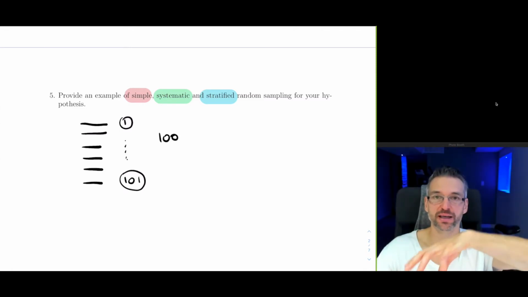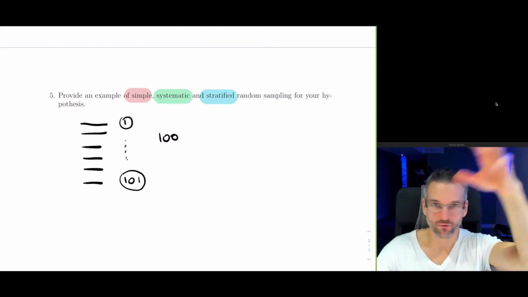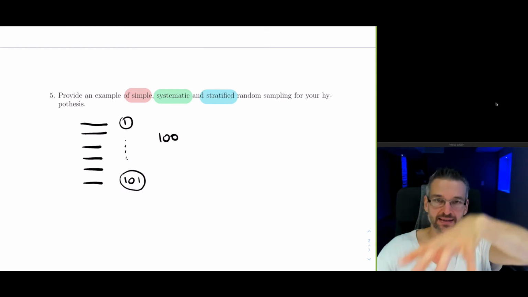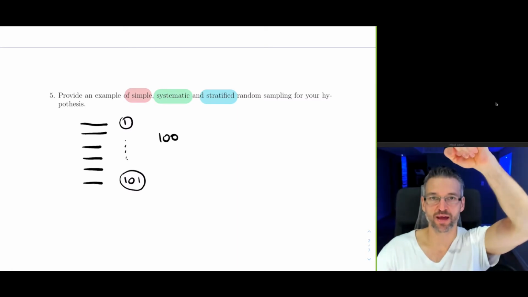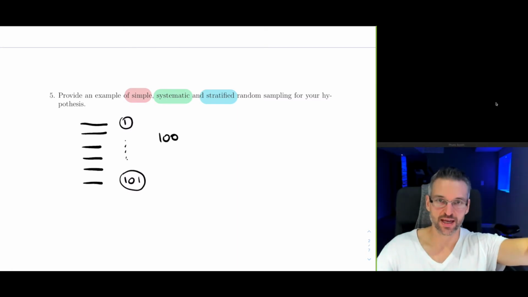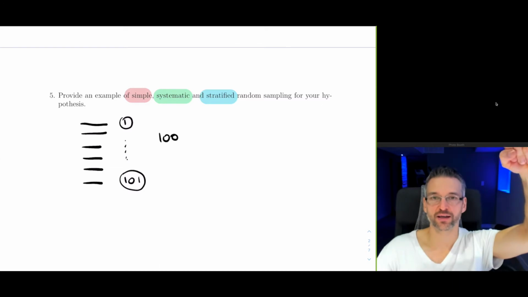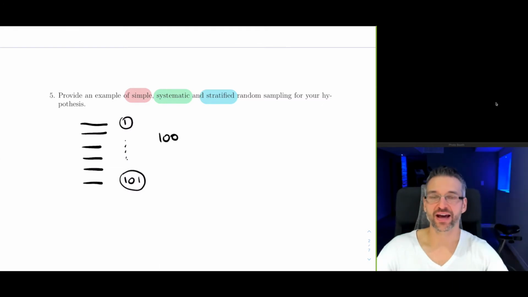Say you wanted to pick 100 students from each state. You pick Florida, and at random you pick 100 students from that state. You go to a different state and pick 100 students from that state. That is called stratified because you're grouping them together in some way.